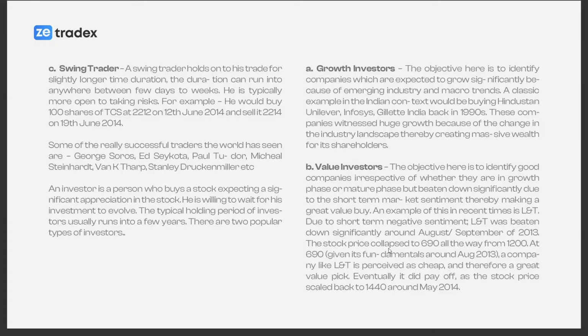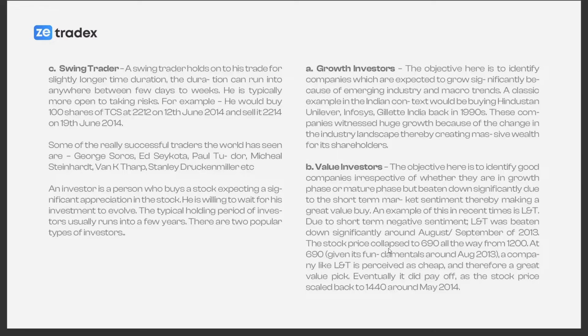Some of the really successful traders the world has seen are George Soros, and others. An investor is a rich person who buys a stock expecting a significant appreciation in the stock. He is willing to wait for his investment to evolve, while the typical holding period of investors usually runs into a few years. There are two popular types of investors.